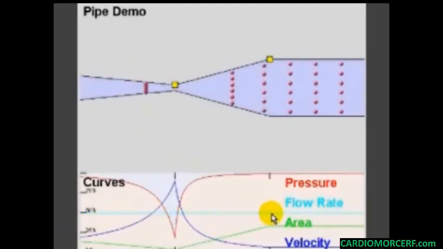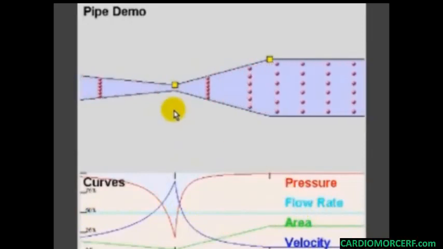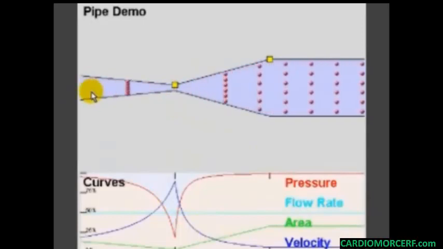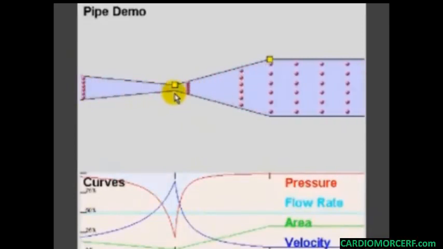To maintain the mass conservation law, when it reaches an obstruction, there is only one way to do it: increasing the velocity of flow. The same volume flow that is going through here has to go through here and there.